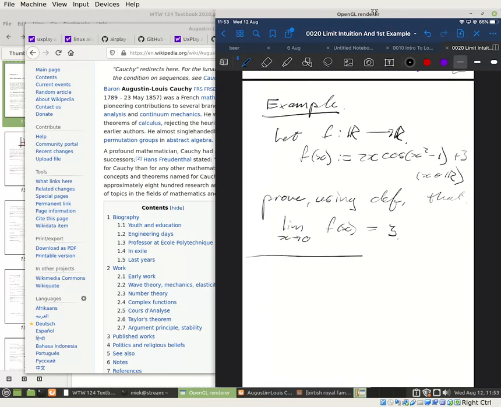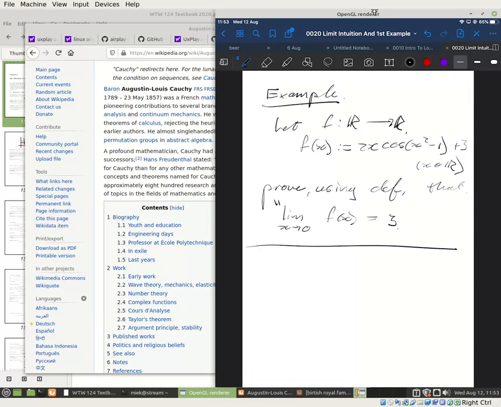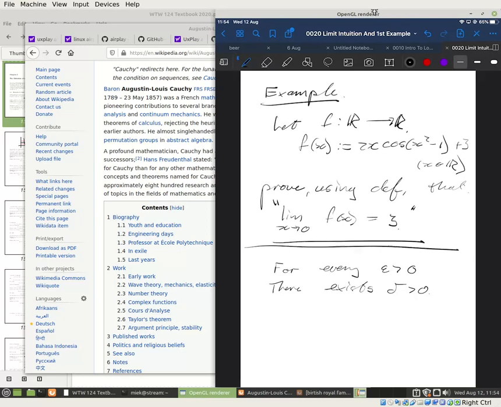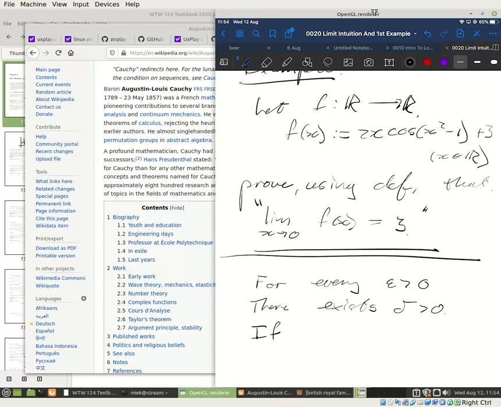Okay, let's do this. First thing we do is write out exactly what this statement means. This means something very specific. It means for every epsilon greater than 0, there exists a delta greater than 0, so that if 0 is less than absolute value of x minus 0 is less than delta, then the distance of the function value to 3 is less than epsilon.